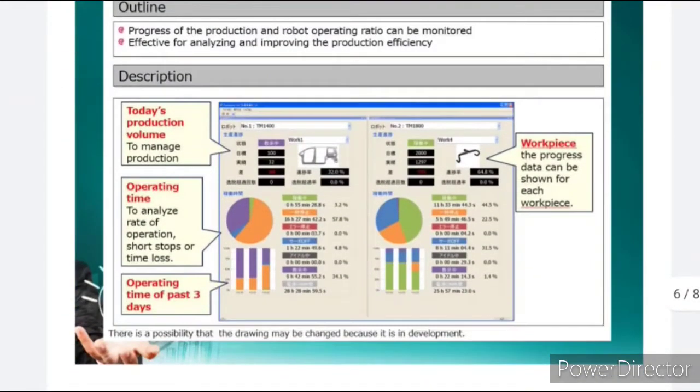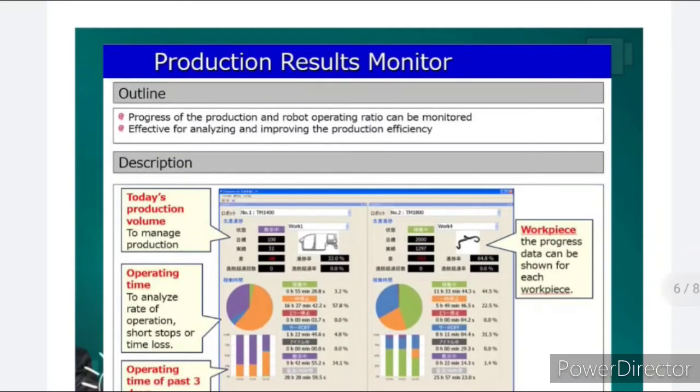Friends, this is the same software as in previous videos. The process of the production and the robot operating ratio can be monitored, which is effective for analyzing and improving the production efficiency.